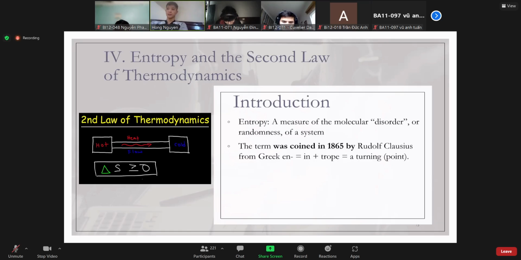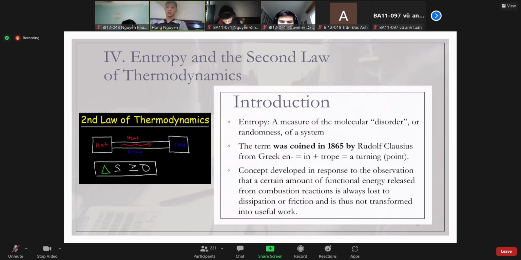Okay, this is a rough idea of entropy. So in a turning point, we try to consider a change. Yeah, the moment where something is changed, we turn something into a different thing, an entropy.